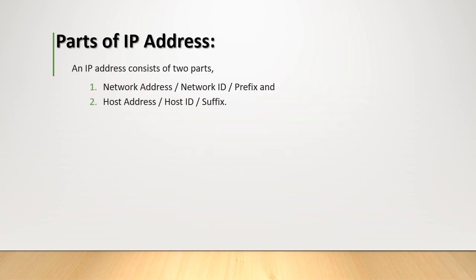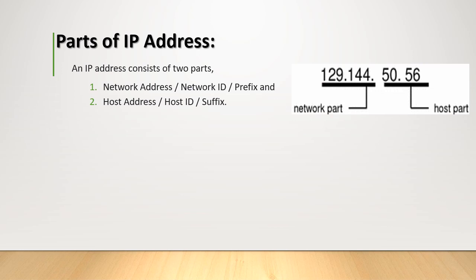Now, let's see what the parts of the IP address are. As we know, we have two parts of the IP address: a network part and a host part. Let's consider this IP address 129.144.50.56.